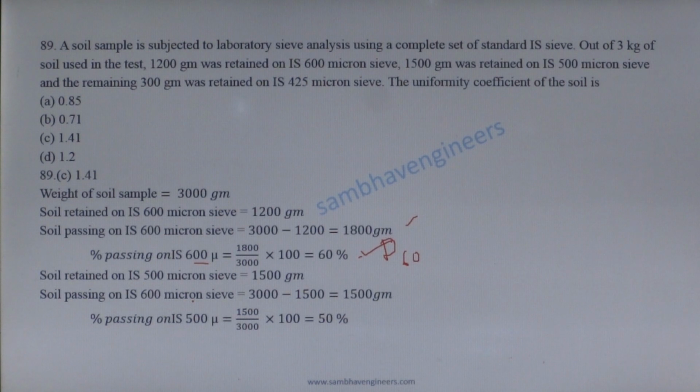Similarly, we will find the value. Soil retained on IS 500 micron sieve is 1500 gram. So soil passing on IS 500 micron sieve is equal to 3000 minus 1500 is equal to 1500 gram. Percentage passing 50%.